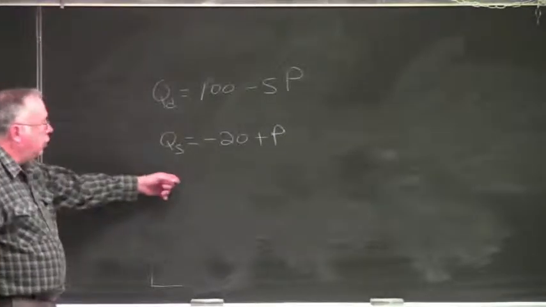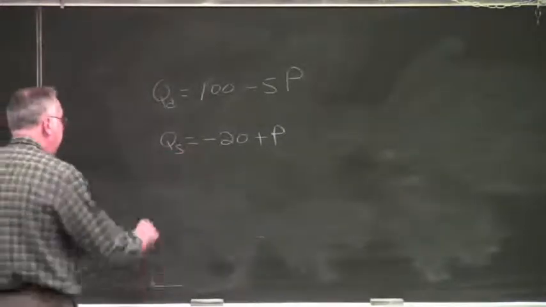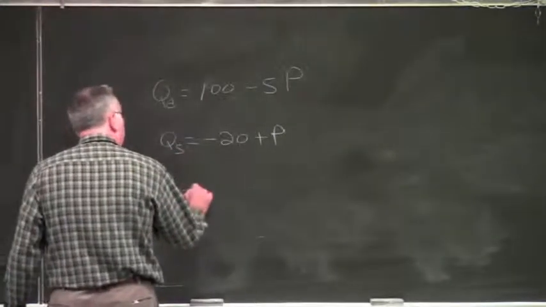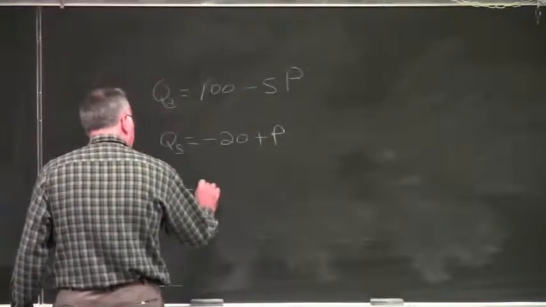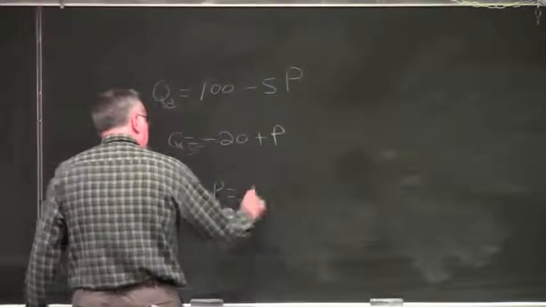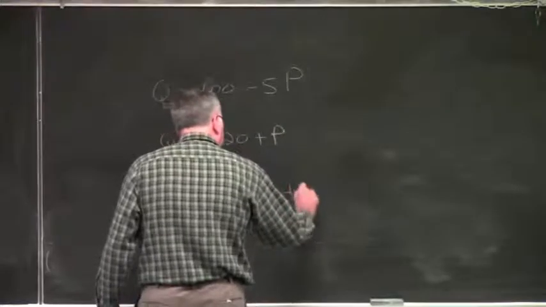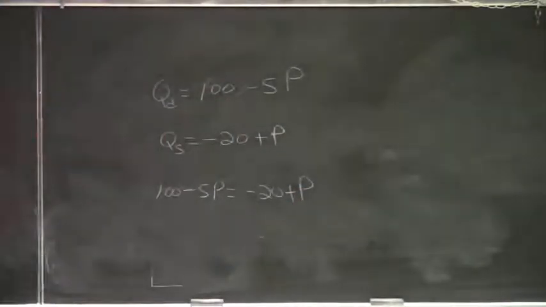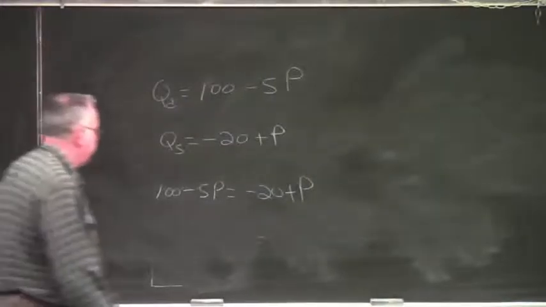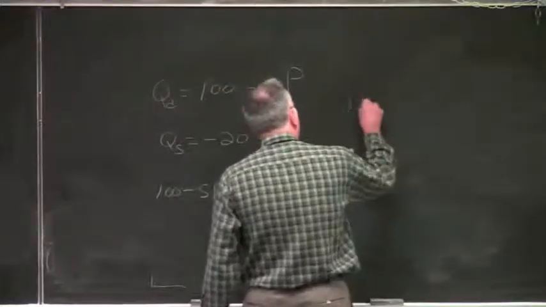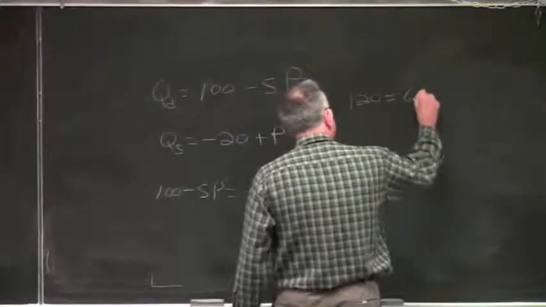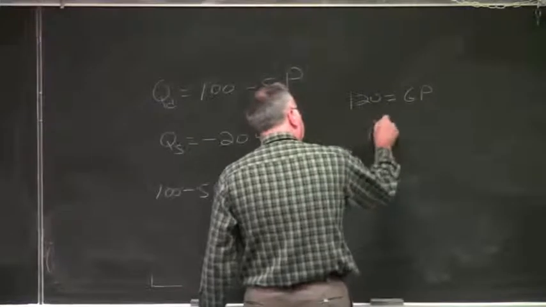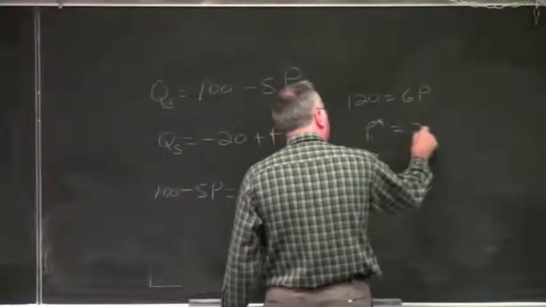If we just solve for this directly, in equilibrium, Q equals QS. So we could say in equilibrium we'll have 100 minus 5p equals minus 20 plus p. Add 5p to both sides, add 20 to both sides. We get 120 equals 6p, and p star equals 20.